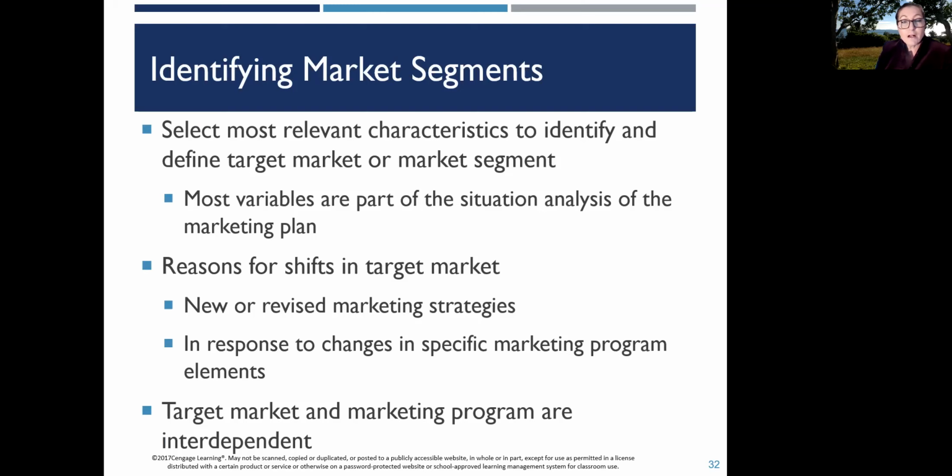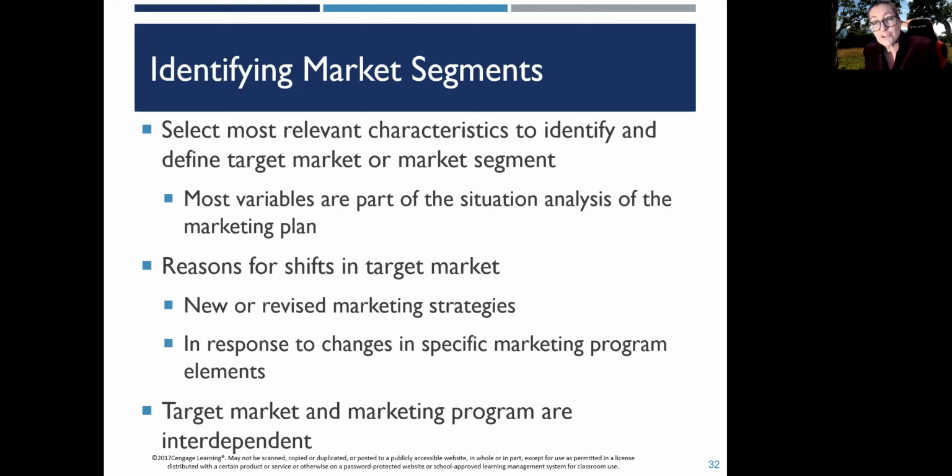When you're identifying market segments, you want to select the most relevant characteristics to define your target market, or define how you're going to segment that total market. So most variables that are used to segment the market are part of the situation analysis that's identified at the front end of the marketing plan, right?